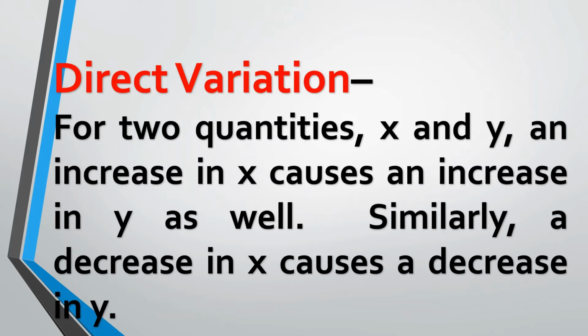Similarly, a decrease in x causes a decrease in y. Meaning, in one quantity, kapag tumaas, the other quantity tataas din. Or, if one quantity decreases, the other quantity decreases also. So, that is the meaning of direct variation.